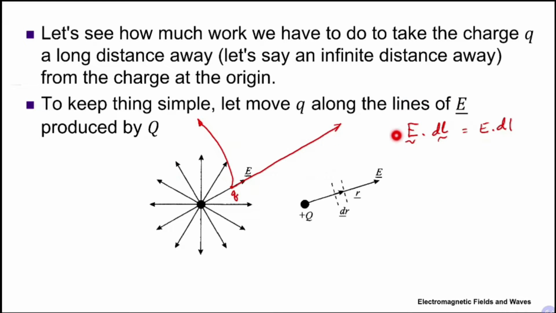That makes the calculation simple. If we move in other directions, the dot product becomes very complicated and difficult to solve. So we choose a simple scenario and move our q in the direction of the electric field.